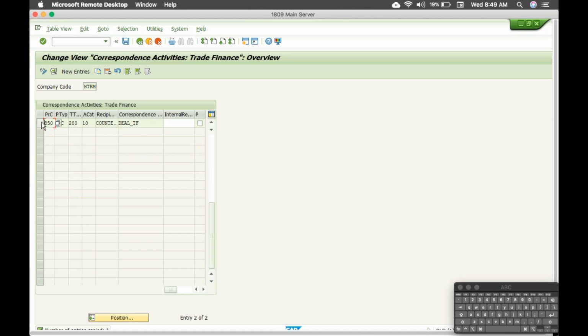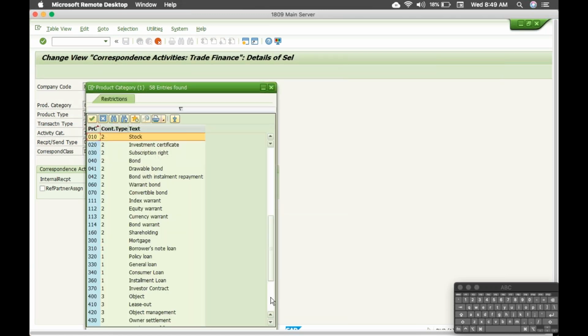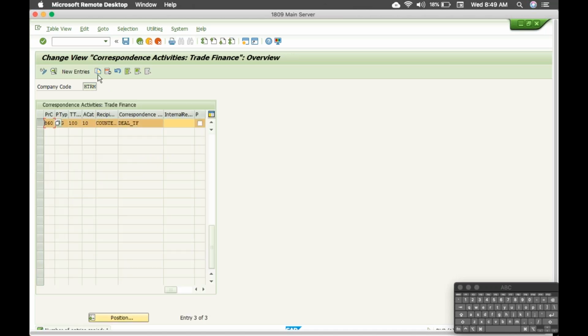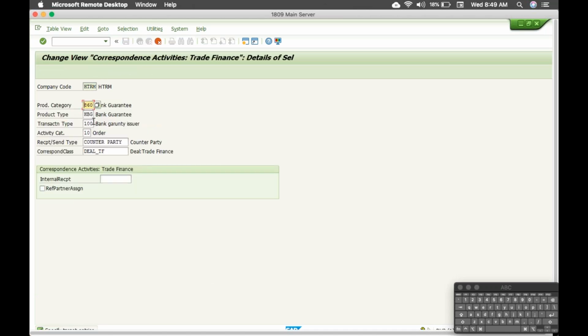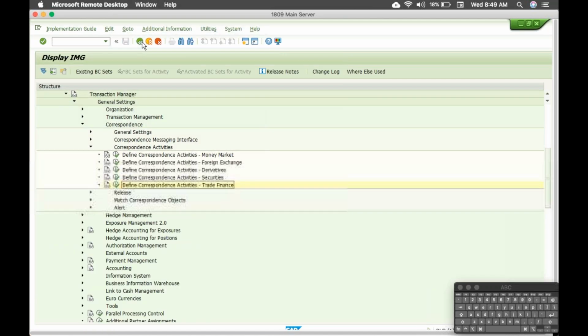Then bank guarantee, issuer. Bank guarantee, receiver. Come back.